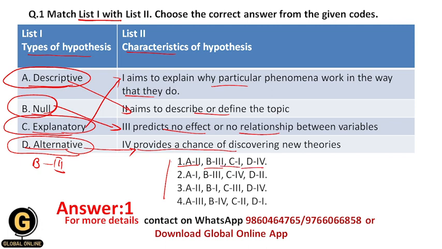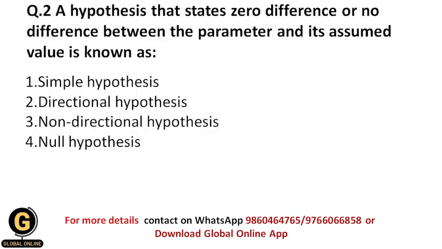Okay, now next is a hypothesis that states zero difference or no difference between the parameter and its assumed value, is known as. So now here they have given us different types of hypothesis. From these types of hypothesis, which is the hypothesis which states that there is zero difference or no difference between the parameter and its assumed value?